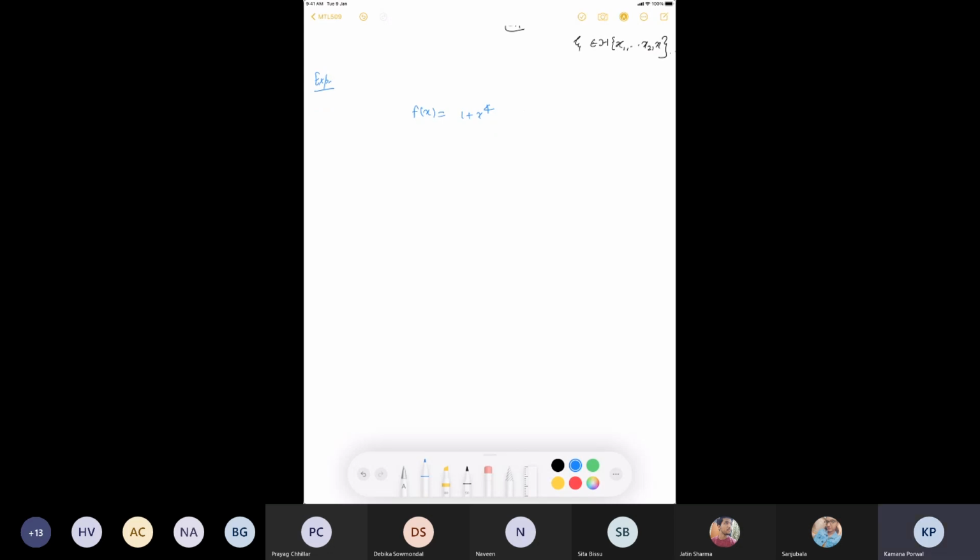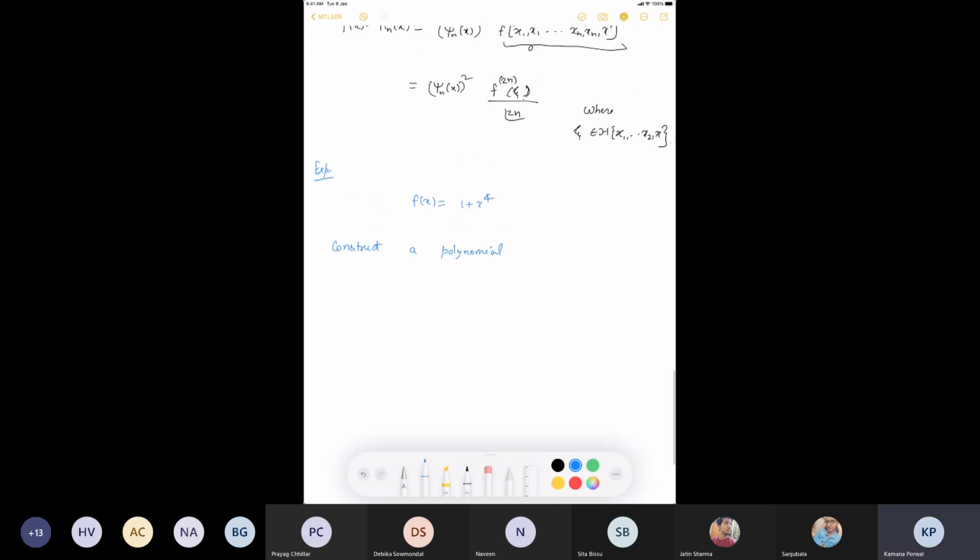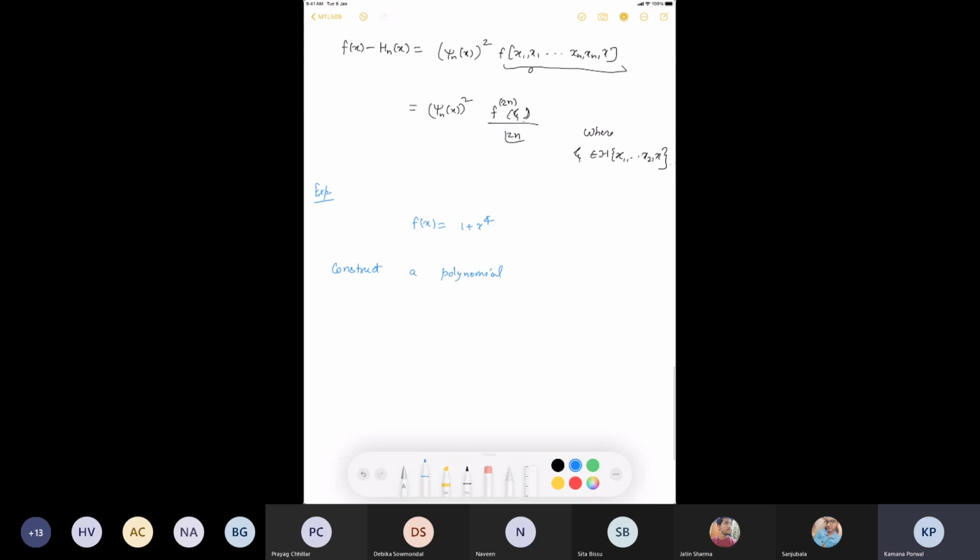And we try to construct a polynomial H_n(x), so if n is the number of nodes, this is the same as the notation p_{2n-1}(x) that we also use for this, right?